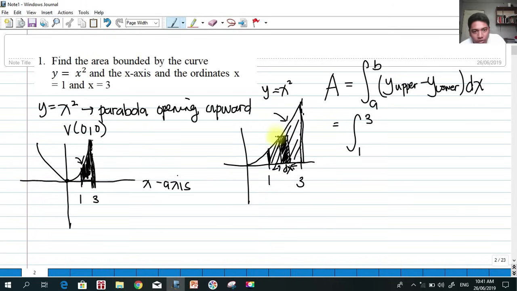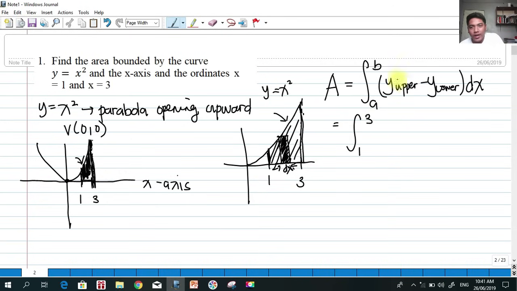If you draw this vertical strip, it touches the curve, the parabola. So that should be our y upper, the parabola. And on the lower part of the strip, it touches the x-axis. That is not a function, nor a curve. So it is simply the axis. So our y lower must be equal to 0.